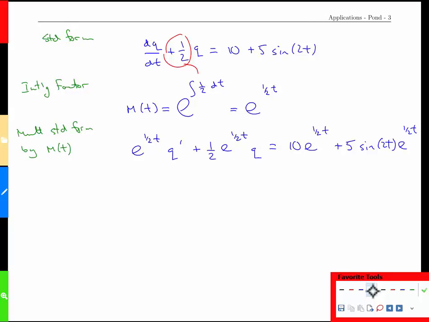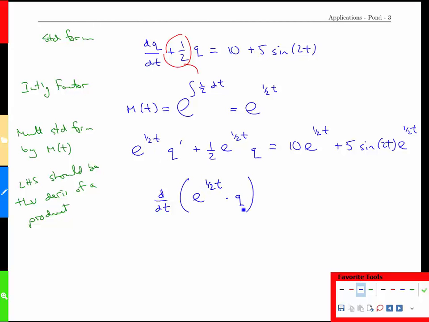We recognize that the left-hand side is in fact the derivative of a product. So we can simply rewrite it as the derivative with respect to time of e to the 1/2 t times little q. If we do the product rule and expand, we get that. That leaves the right-hand side identical to where it was before. And we're ready to go.